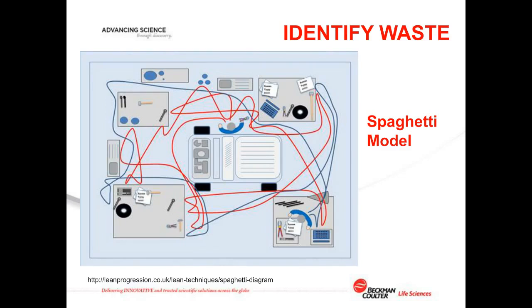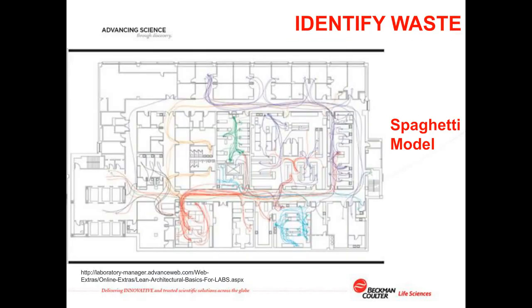I'm now going to show you a real spaghetti model, and this is actually in a laboratory. And if you look, for instance, this would be a pretty typical laboratory space. And each of these colors is a different individual. So as you look at the bottom diagram, the spaghetti diagram that's indicated in blue, that individual spends most of his time in one area.